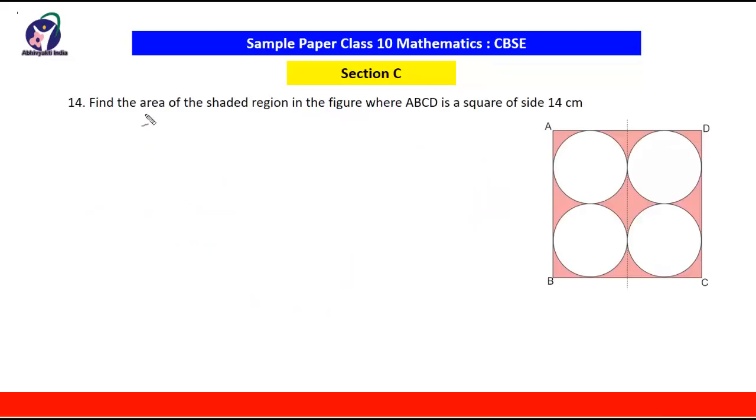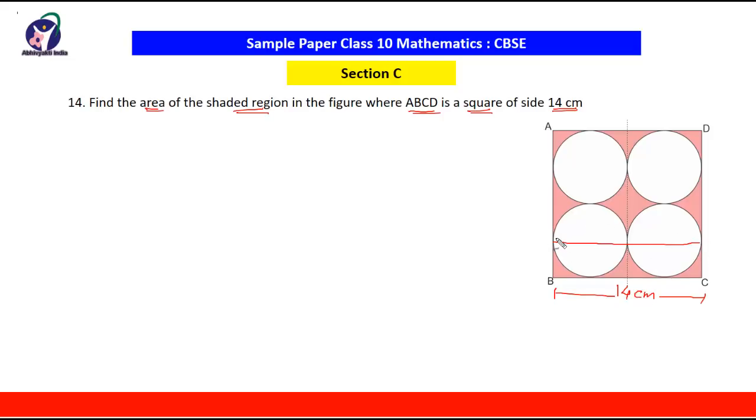Next question is, find the area of the shaded region in the figure where ABCD is a square of side 14 cm. Here in the figure, ABCD is a square whose side is 14 cm, and there are four circles as shown in the figure, and therefore the diameter of these two circles will be equal to the side of the square, that is 14 centimeter.